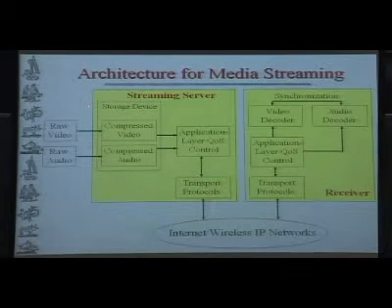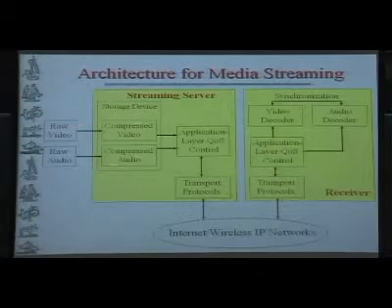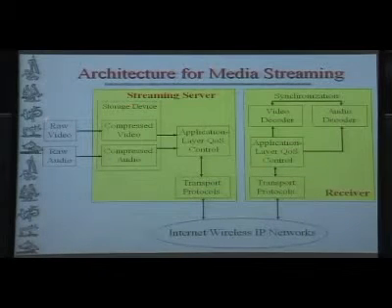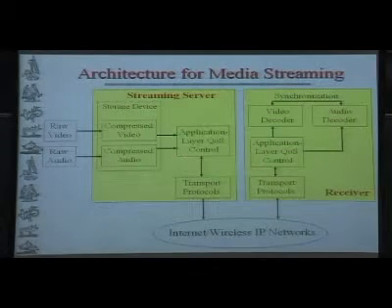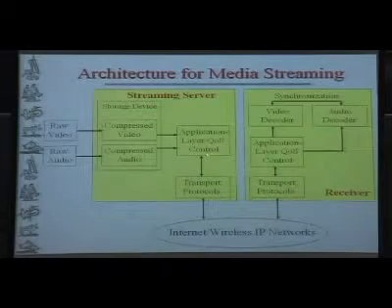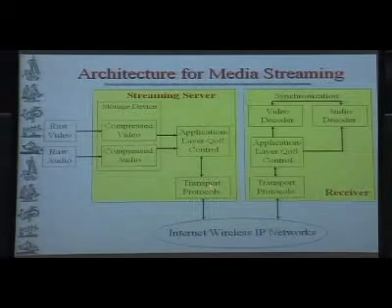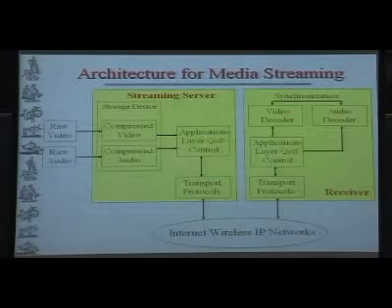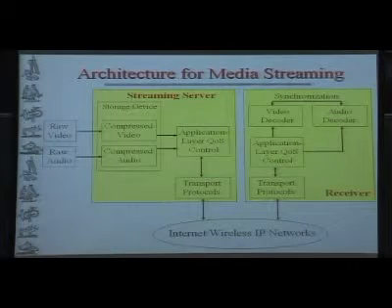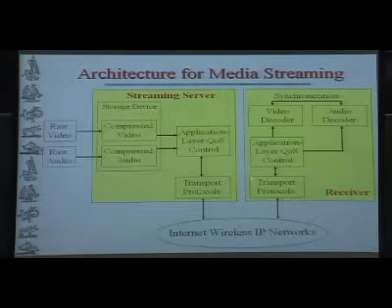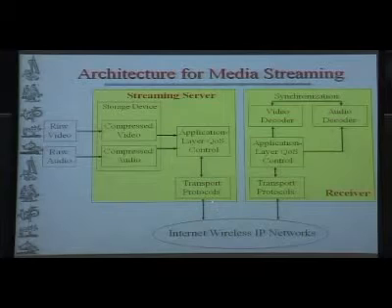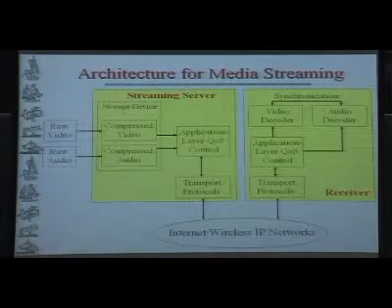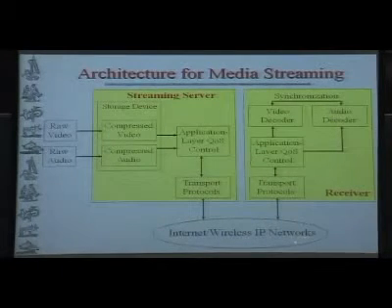It has a storage device with the encoder built in, so it will do encoding and store it in the servers. It has application layer quality control over here, and transport protocol, like the one that we talked about, packetization and headers information. So it has all these. The output goes through the internet wireless IP networks with internet protocol.